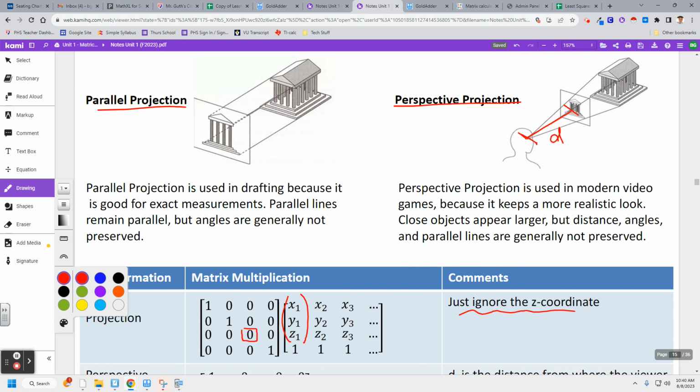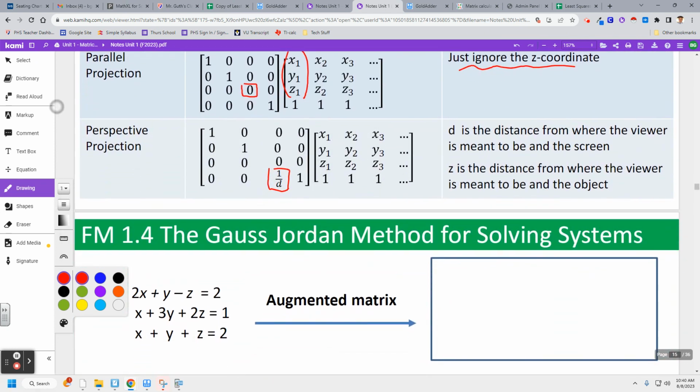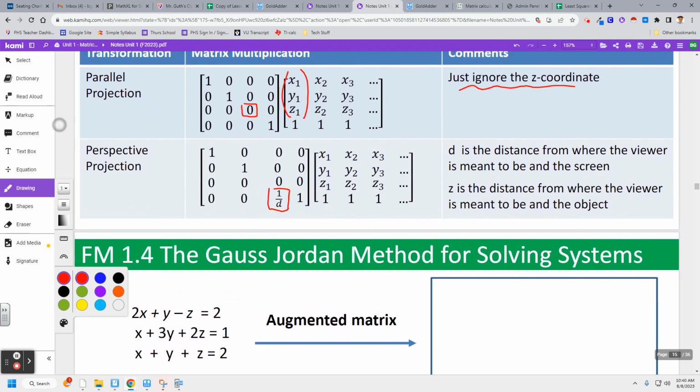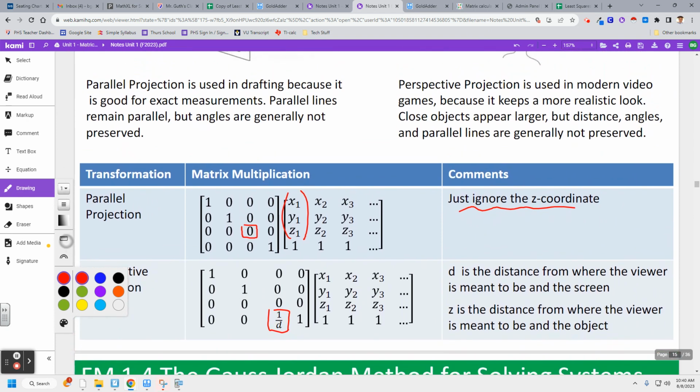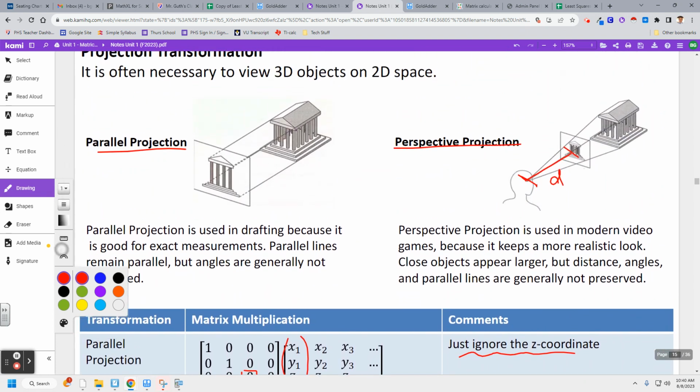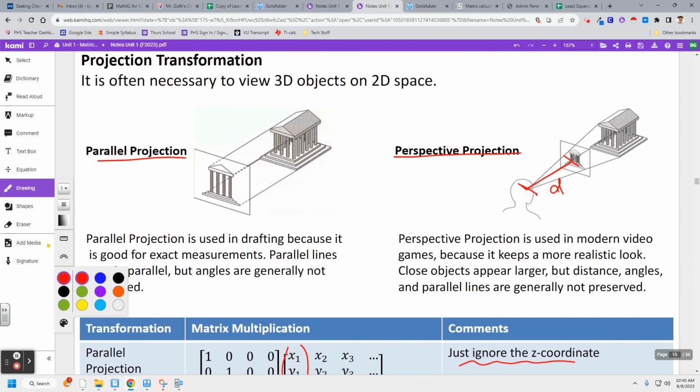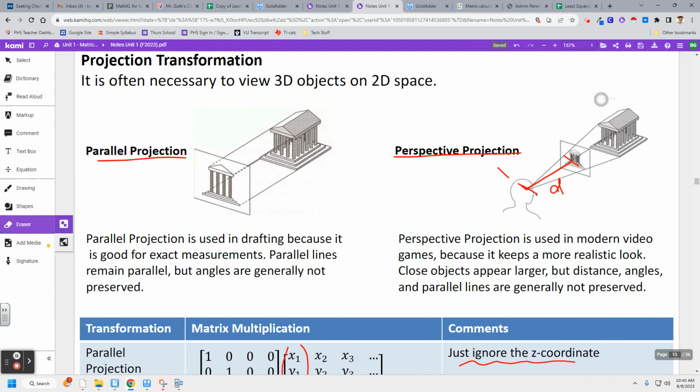Okay, and we have a z in there somewhere. Z is the distance from where the viewer is meant to be and the object. So this is another thing used in that calculation.